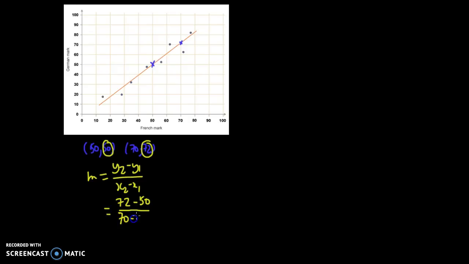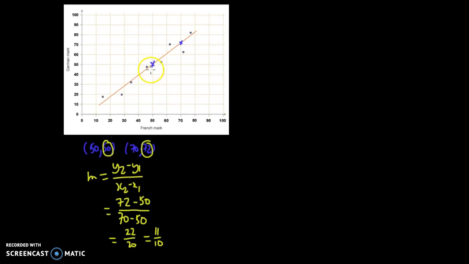So we've got 70 subtract 50. So what have we got there? We've got 22 over 20, and let's simplify that. That's 11 over 10. Or if you like as a decimal, it's 1.1.